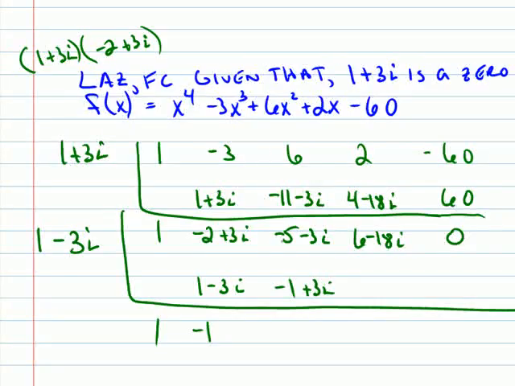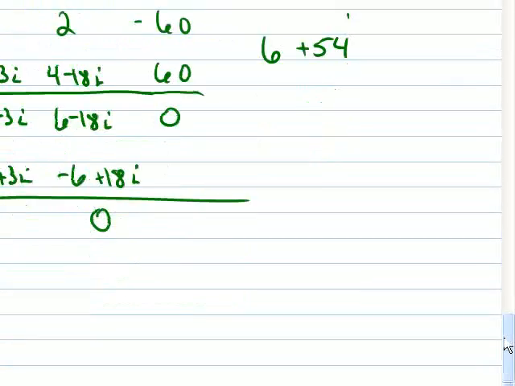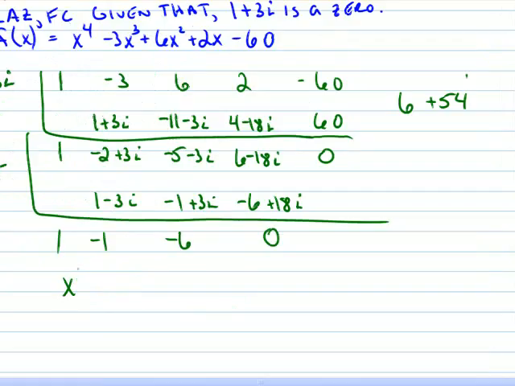And if I add down 5, then it's going to be negative 6 minus 3i plus 3i is 0. So I have negative 6 times 1 minus 3i. This is going to be a negative 6 plus 18i. 6 minus 6 is 0. Negative 18 plus 18 is 0. It works. So what I'm left with is x squared minus x minus 6.